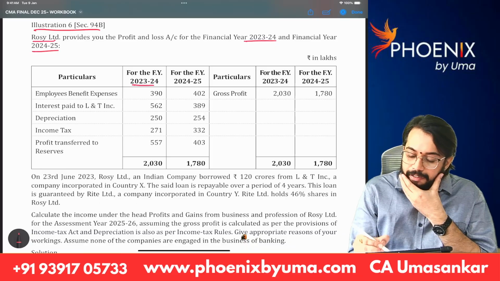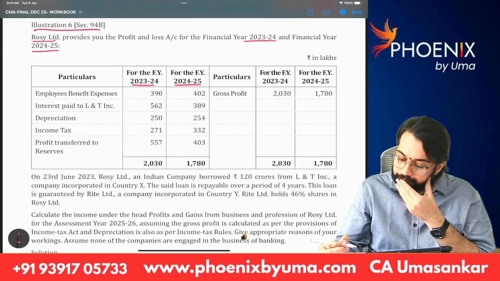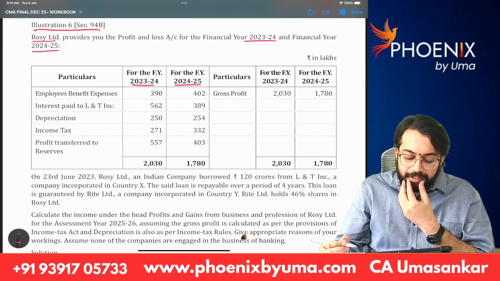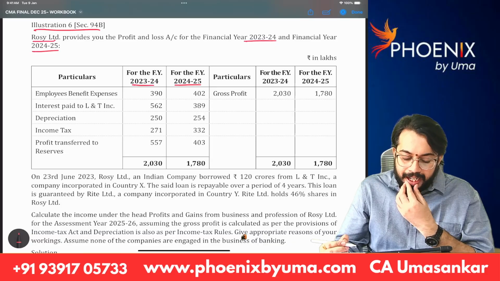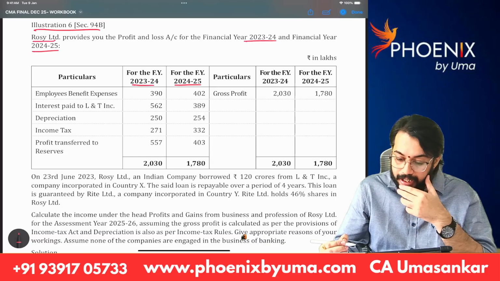So 23-24, 24-25. Employee benefit expense, interest paid to L&T, depreciation, income tax, profit transferred to reserves.